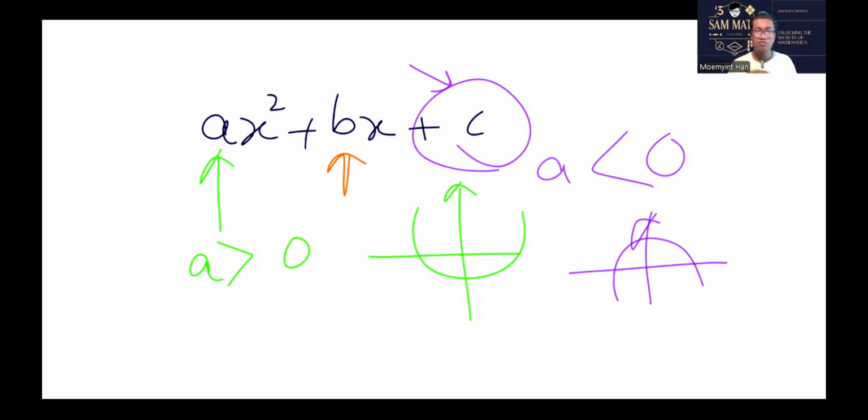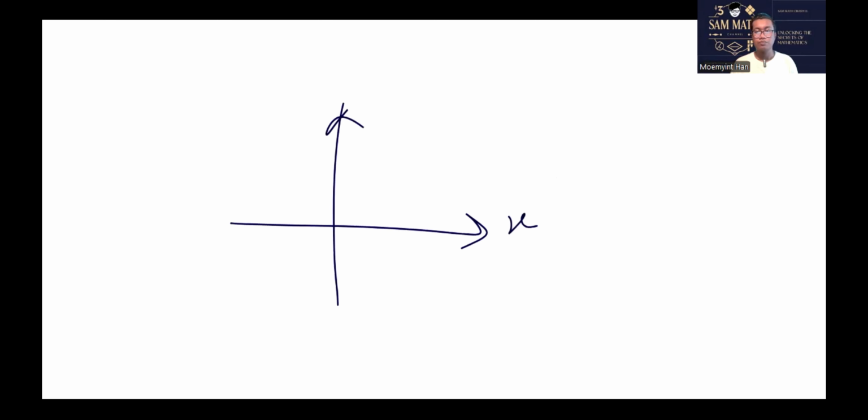Okay, so I will go back to the graph again. So let's take a look at the graph again. We have x over here and y over here. Most quadratic equations are based on y equals x squared. We're going to set our whole quadratic equation equal to y.